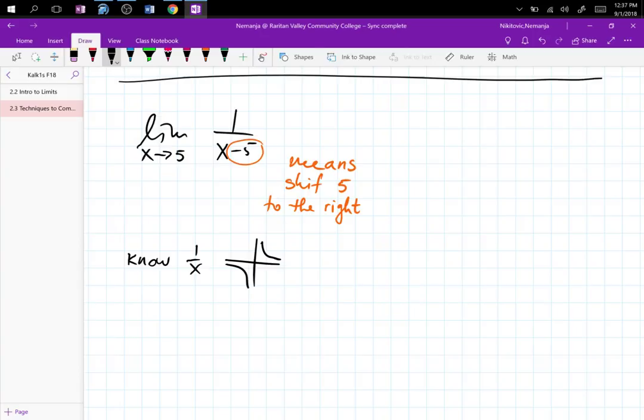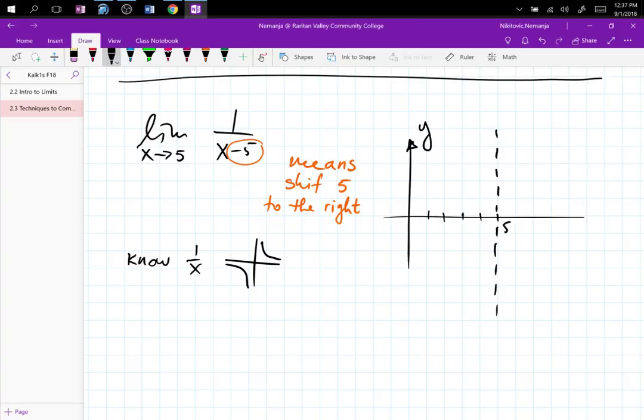And now the orange tells me that I should shift 5 units to the right. That means that the vertical asymptote that was at 0 is now going to be at 5. So this is my y-axis. 1, 2, 3, 4, 5. And here is my vertical asymptote at 5. And I draw the function in there.